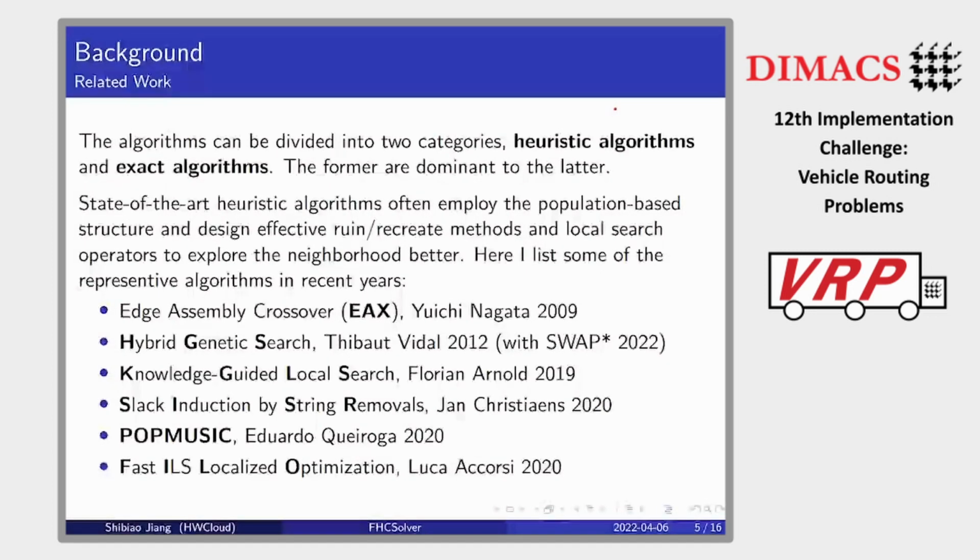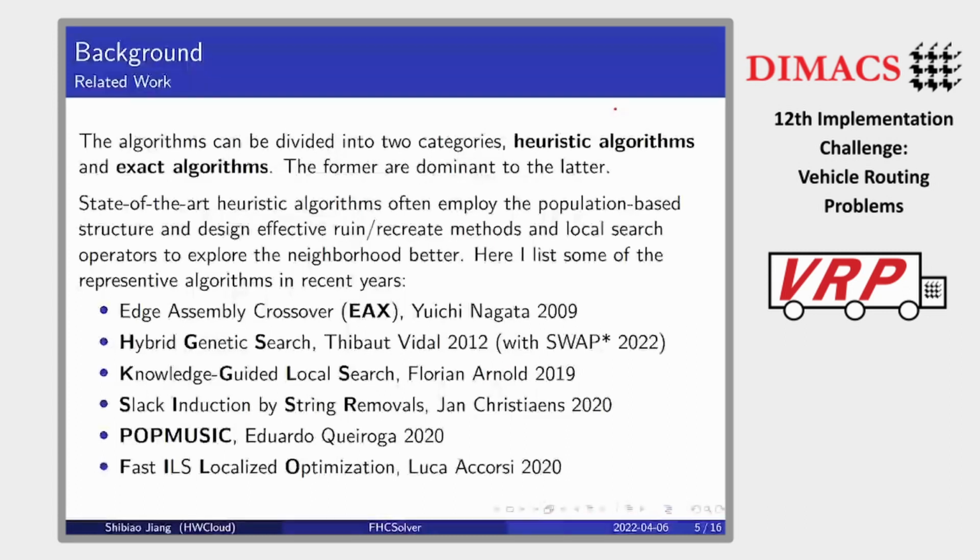Now let's move on to the related work. In my opinion, the algorithms for CVRP can be divided into 2 categories: heuristic algorithms and exact algorithms. The former are dominant over the latter, so we only focus on the heuristic algorithms.